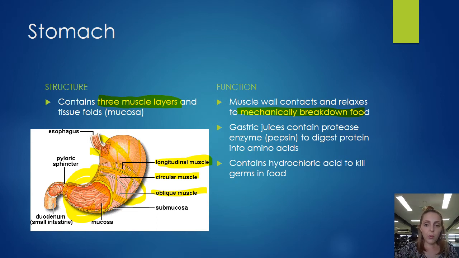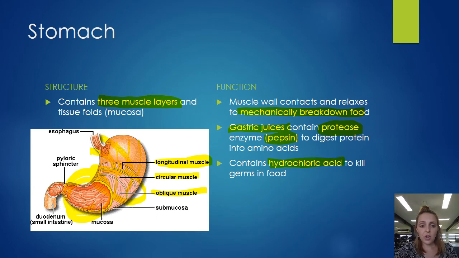Another really important point is our chemical digestion that happens here. We've got gastric juices, we've got protease as part of our gastric juices, and we call the specific protease enzyme pepsin, and its job is to digest those proteins into the amino acids. The stomach also has a really strong acid called hydrochloric acid.